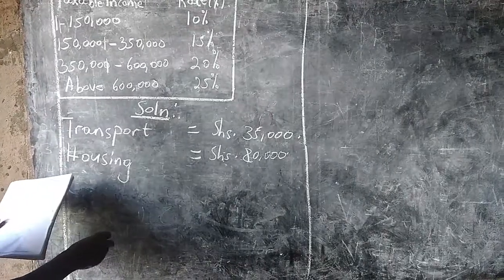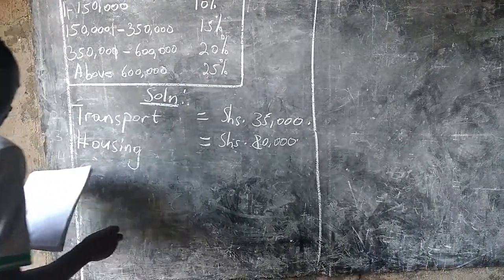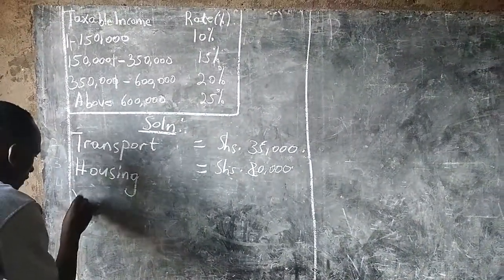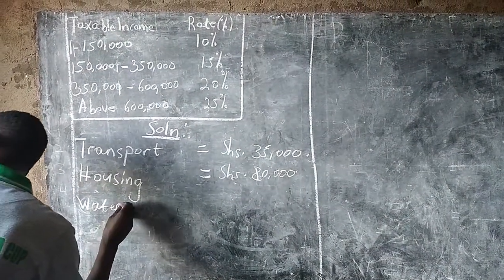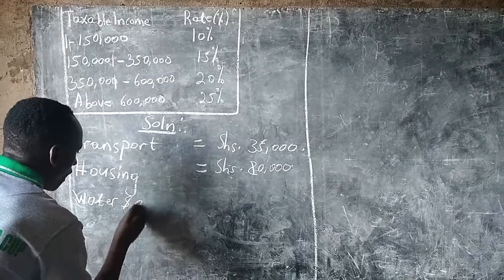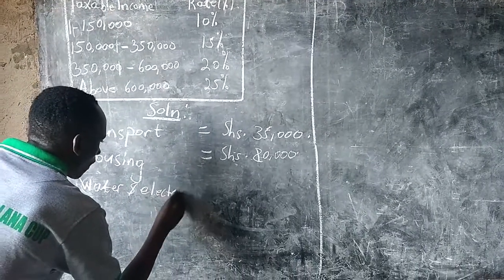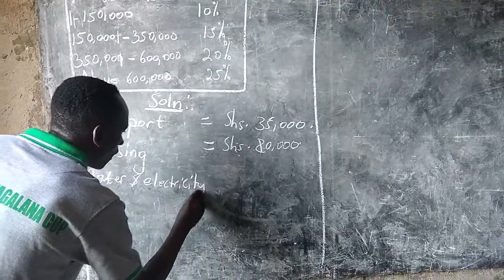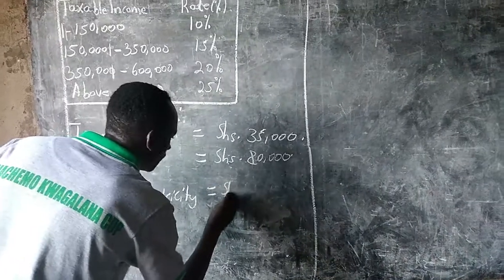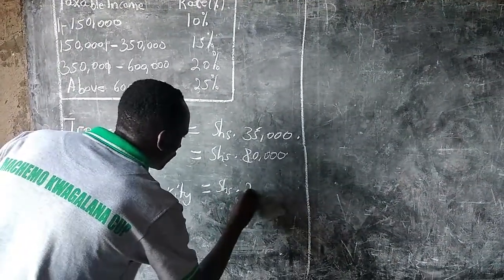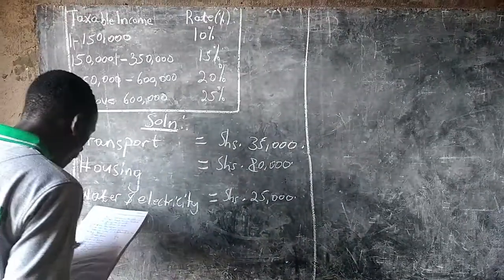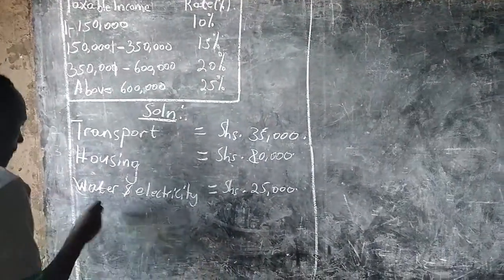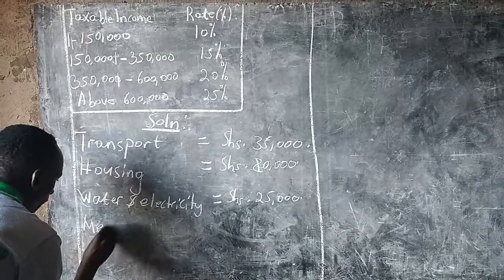And then we have water and electricity. Water, it's at shillings 25,000. And finally we have the medical care.